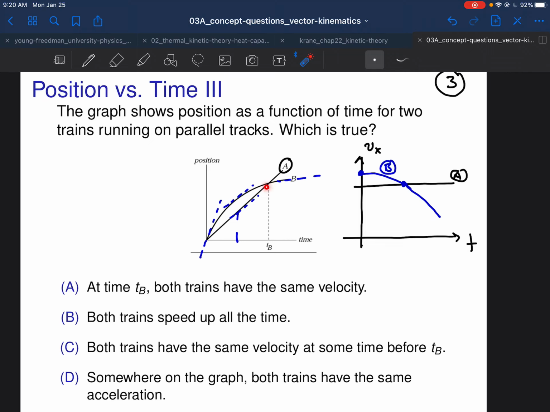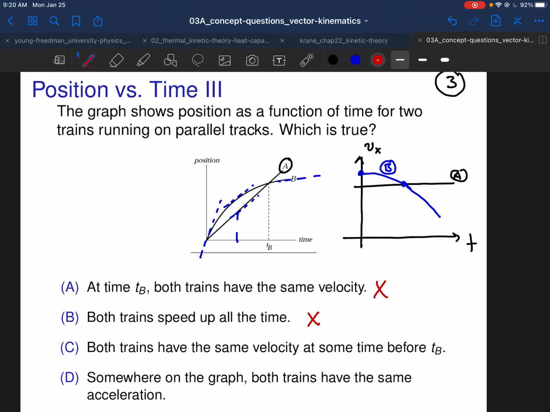So at time tb, both have the same velocity. That's definitely not true, because if we look at this point, you can see the slopes are different. So that's not true. Both trains speed up all the time. Well, that means that the magnitude of the velocity is getting bigger, and in fact, that's not true for either of them. For A, the magnitude of the velocity stays constant, and for B, the magnitude of the velocity gets smaller.